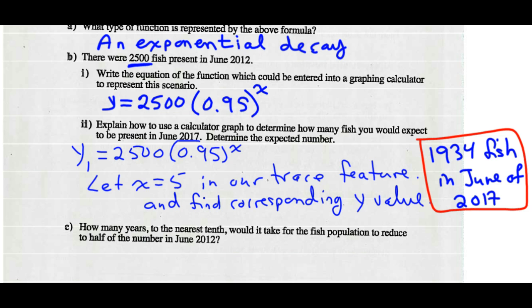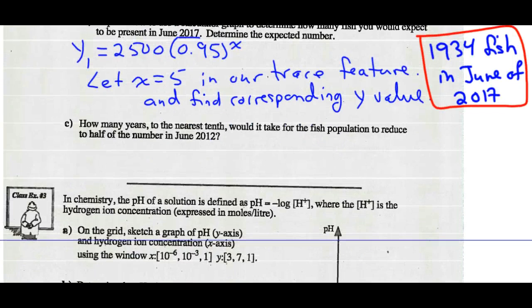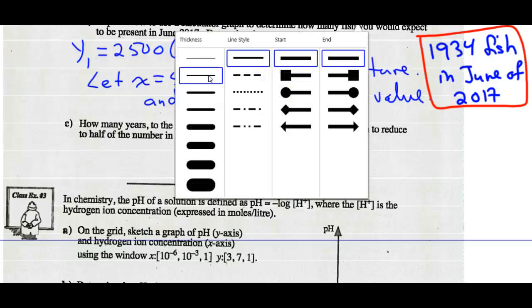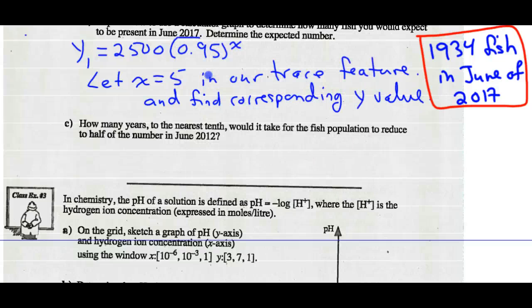Part C asks the question, how many years to the nearest tenth would it take for the fish population to reduce to half the number as there were in June of 2012? So now in Y2, I'm going to type in half the number of 2,500, so 1,250.